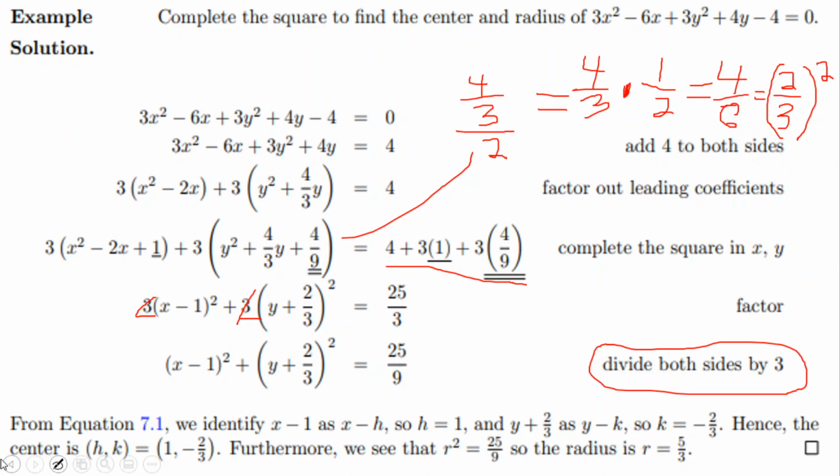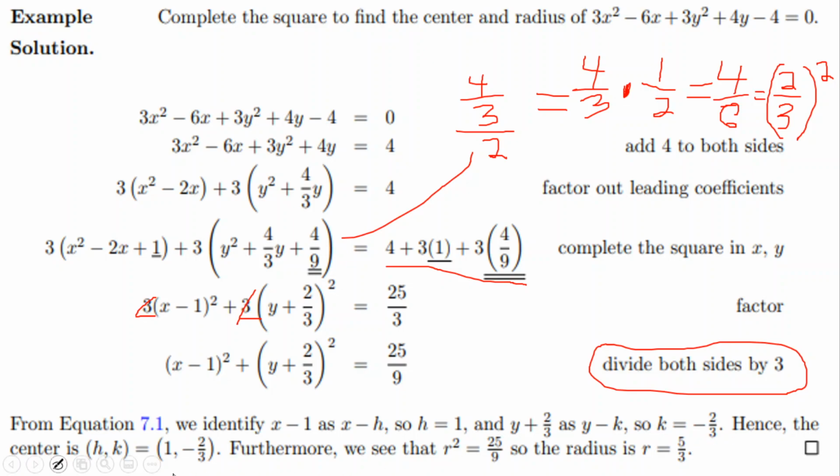Okay, remember, we identify x minus 1 as x minus h. Okay? So, h is equal to 1. And y plus 2 over 3 as y minus k. So, k is equal to negative 2/3.